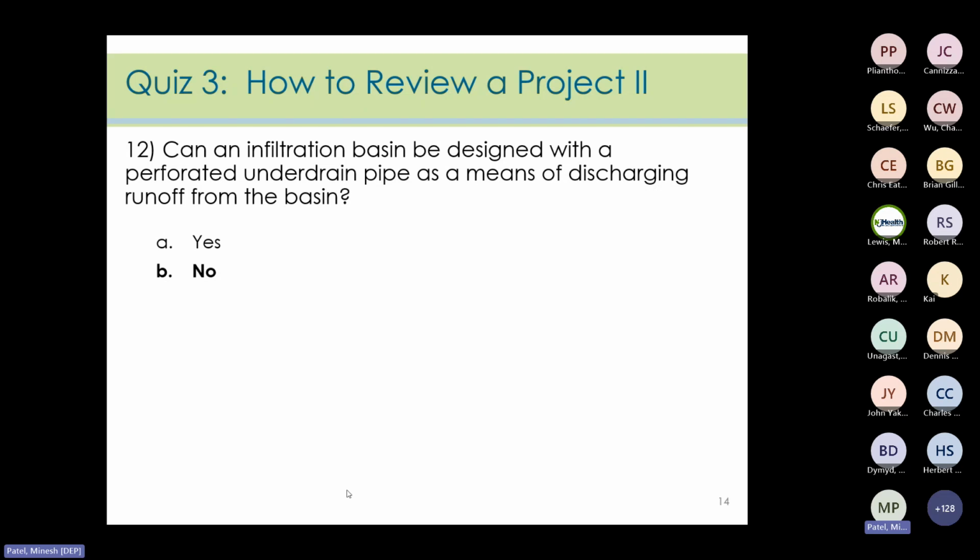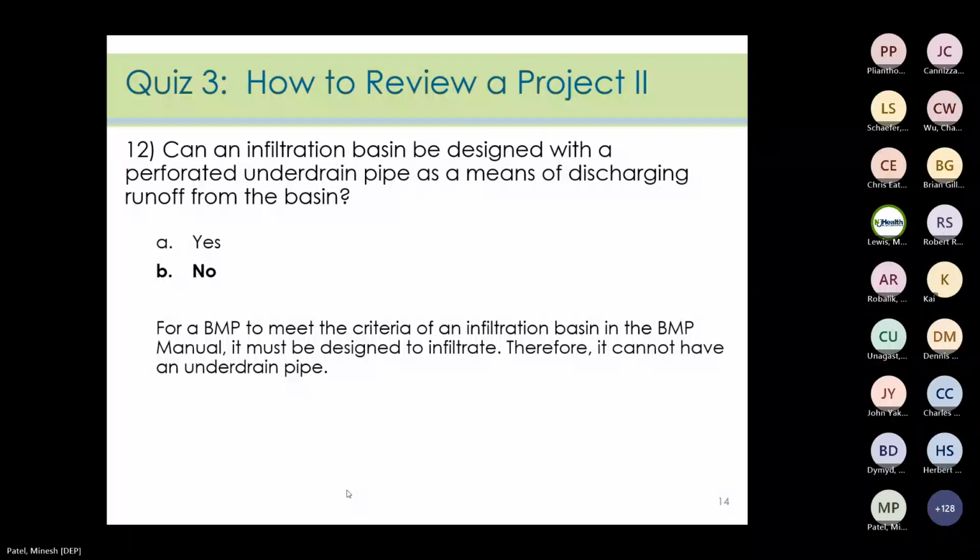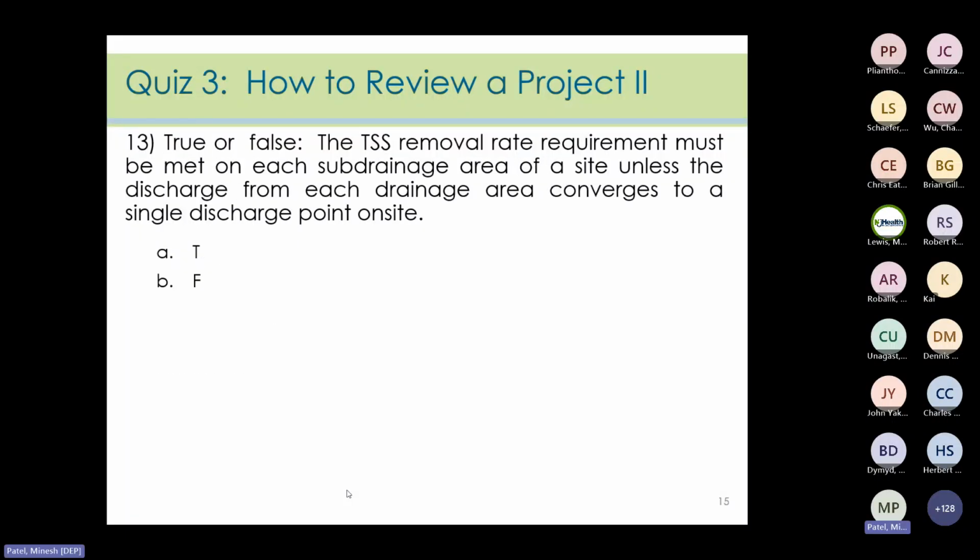And the answer is B, no. Question 13, true or false? The TSS removal rate requirement must be met on each subdrainage area of a site unless the discharge from each drainage area converges to a single discharge point on site. And the answer is A, that is a true statement.